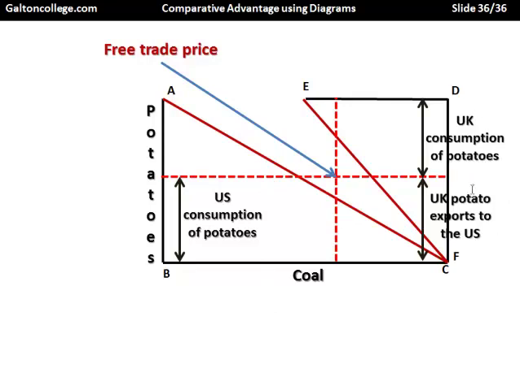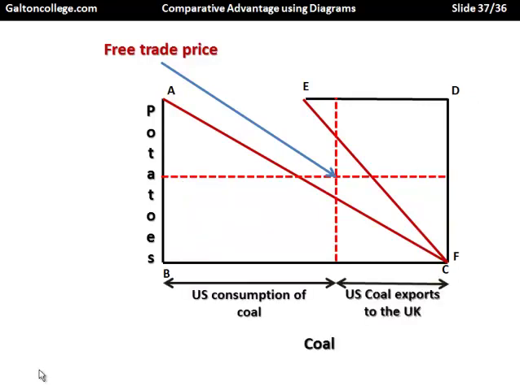And this is the UK consumption of potatoes, which is more than it had before. This is the US consumption of coal, which is more than it had before, and the UK export of coal, which goes to the US to pay for the potatoes, which means the UK gets more coal than if it had produced it itself.